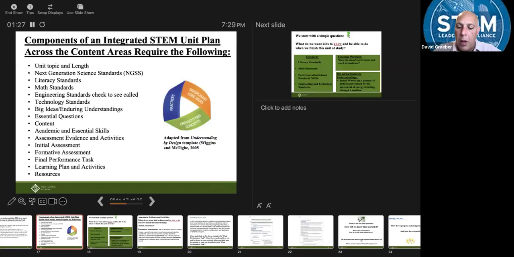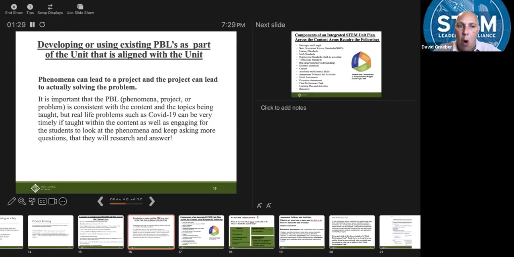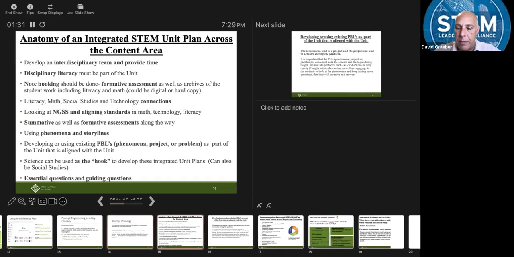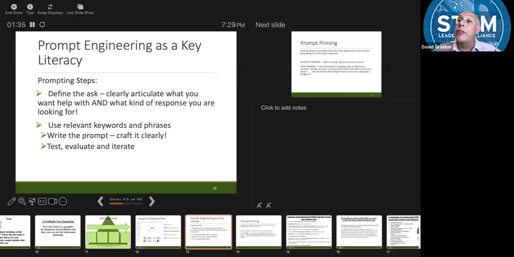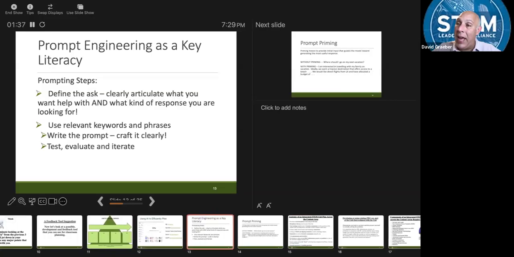I'm not going to read all these pieces, but before I do anything further, how you interact with the AI is the most important piece in the planning process. As you're putting together these key components of a STEM integrated unit, you have to prompt AI very, very specifically.